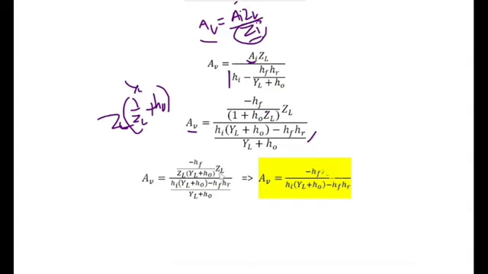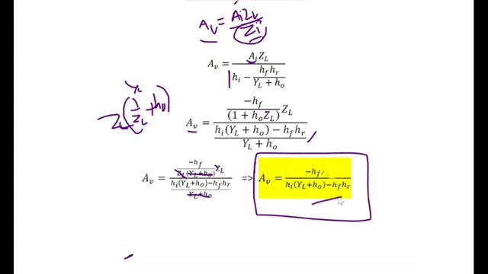This ZL and this ZL will get cancelled, and this YL plus HO and this YL plus HO will get cancelled, and the finalized equation will be AV is equal to minus HF by HI into YL plus HO minus HF into HR. This is the finalized voltage gain equation of a BJT in H parameter circuit.